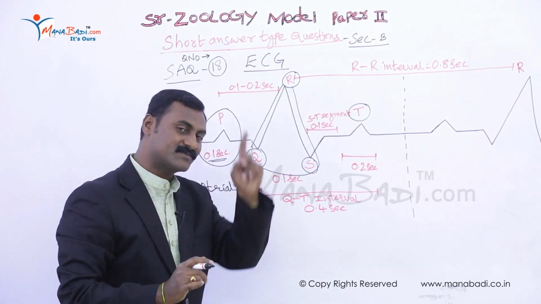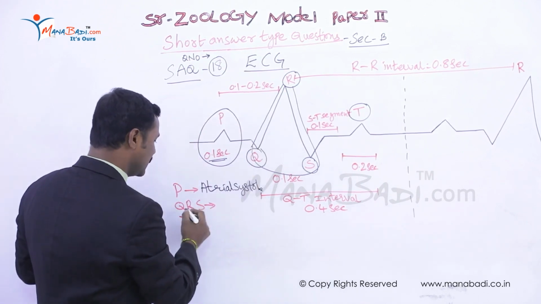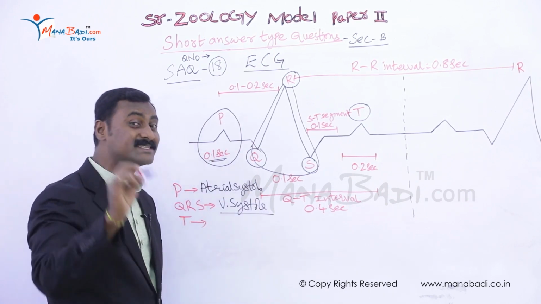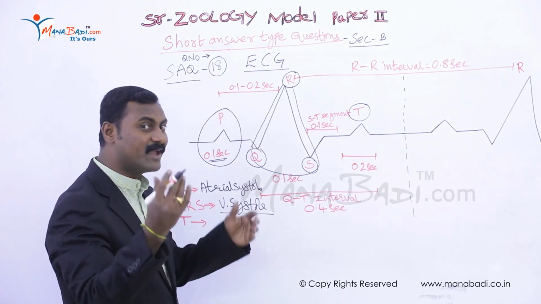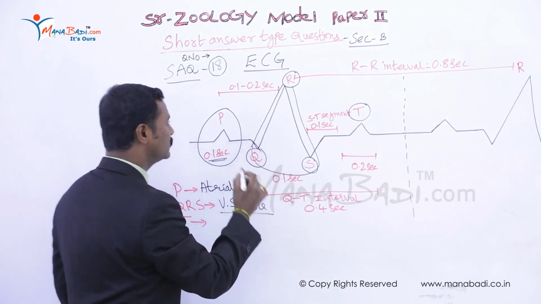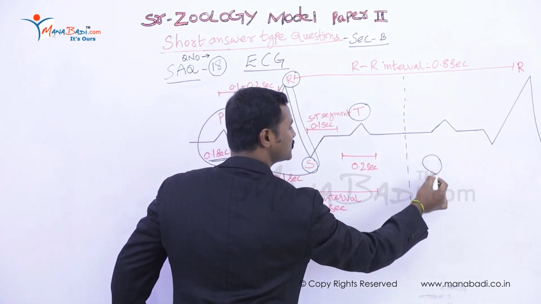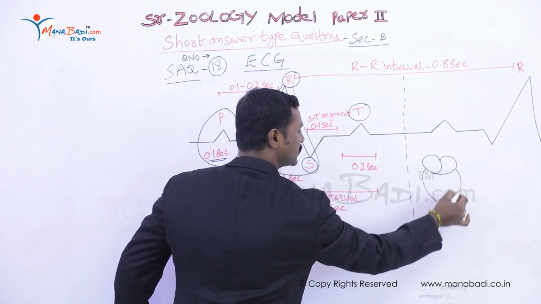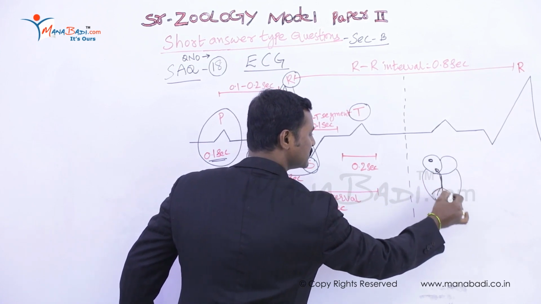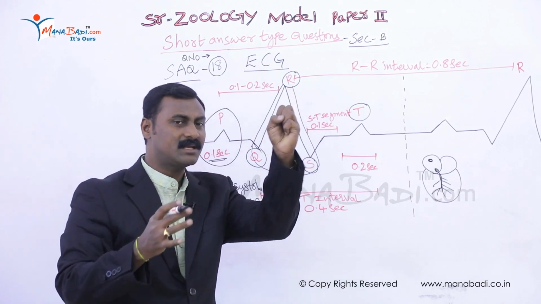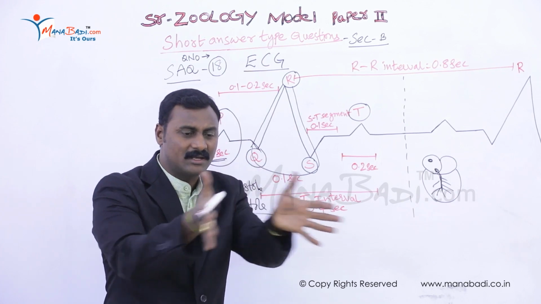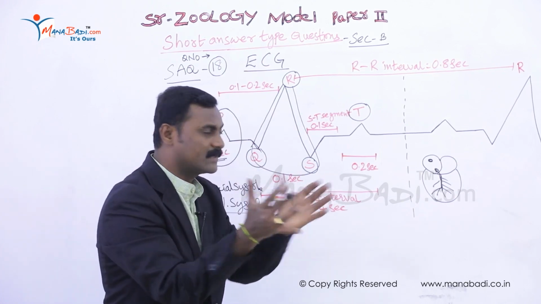But in the functioning of the heart, generally ventricular systole will take 0.3 seconds, like that it is written. But where have those 0.2 seconds gone? Yes, that is gone because of this traveling. If you see the structure of the heart, you can notice the SA node, AV node, bundle of His and Purkinje fibers. So from the SA node the heartbeat starts and it will travel through the bundle of His and Purkinje fibers, and finally contraction occurs.